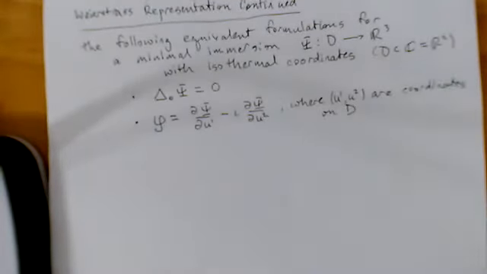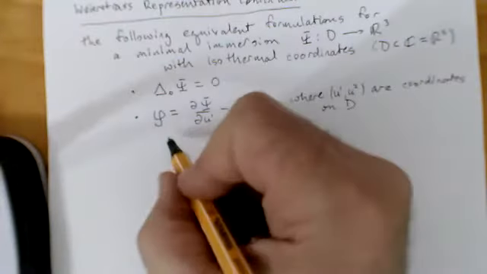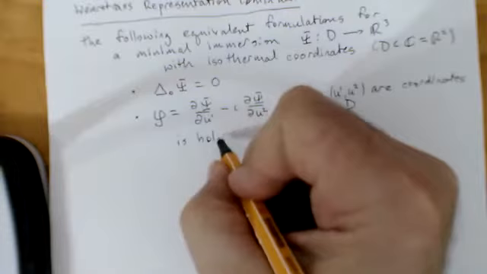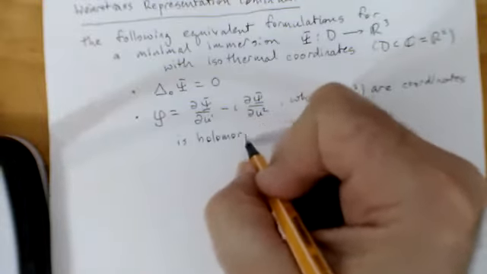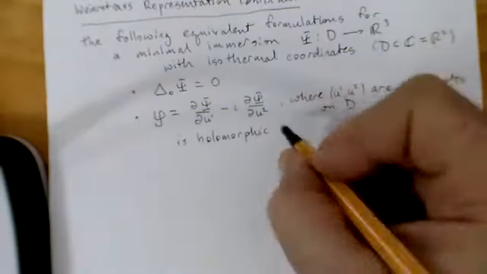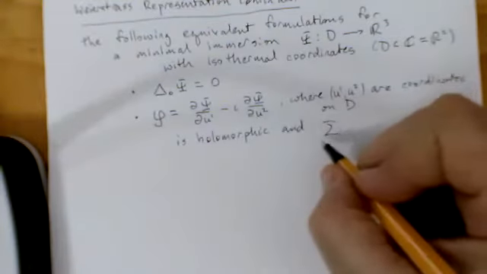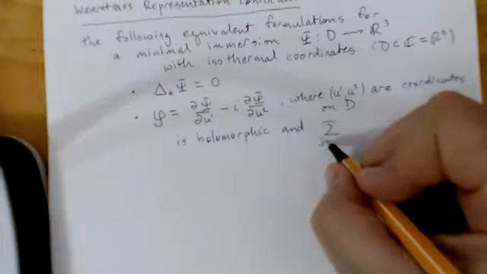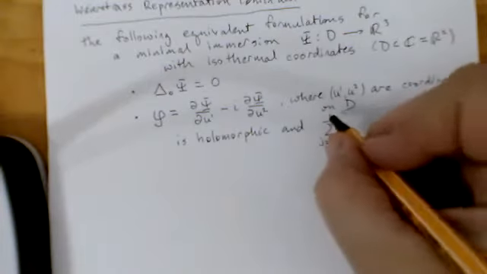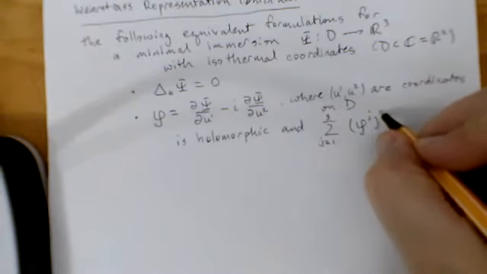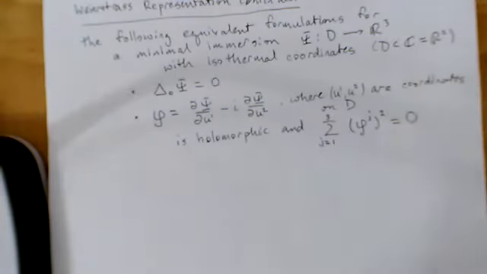Then this vector phi satisfies that it's holomorphic, and the sum of the squares of the components is equal to 0.